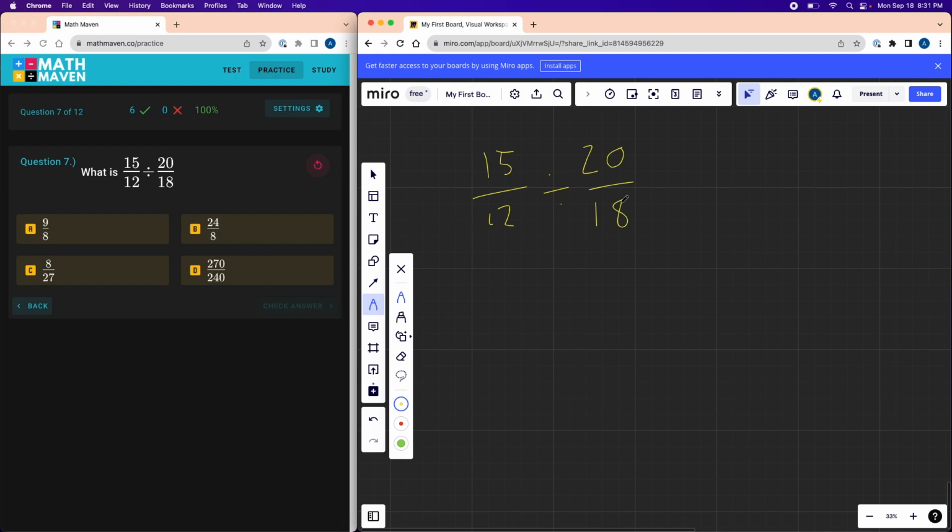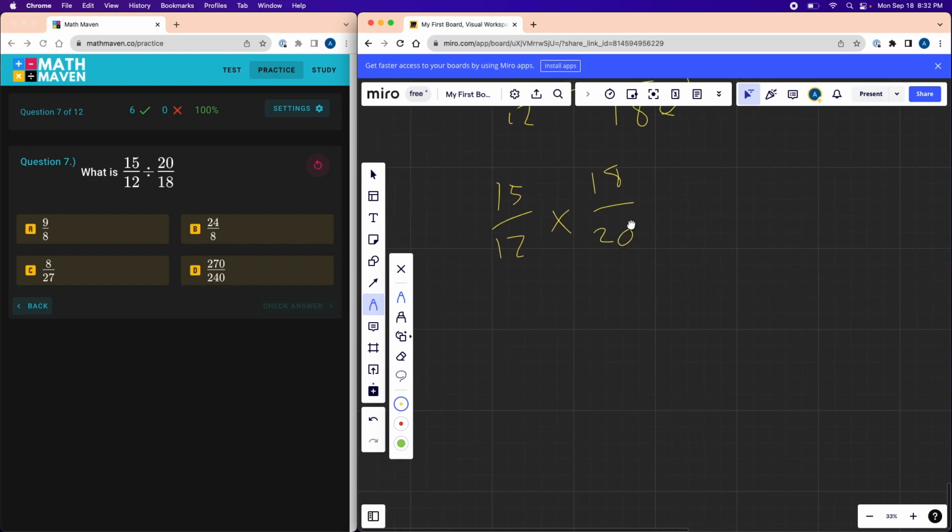And whenever I see a dividing fractions problem, I immediately think, dividing fractions is the exact same as multiplying by the reciprocal. So what that means is we are going to take this fraction and just flip it upside down. So I'm going to rewrite this equation as 15 over 12 times 18 over 20.